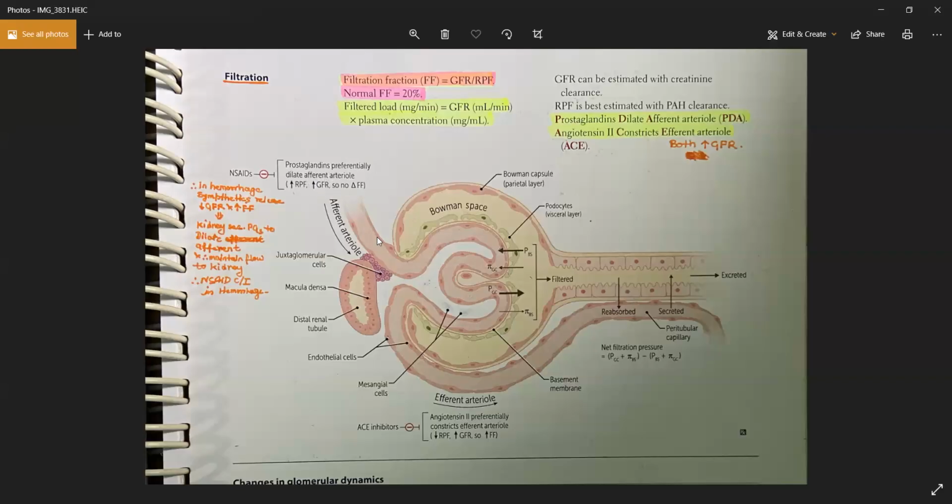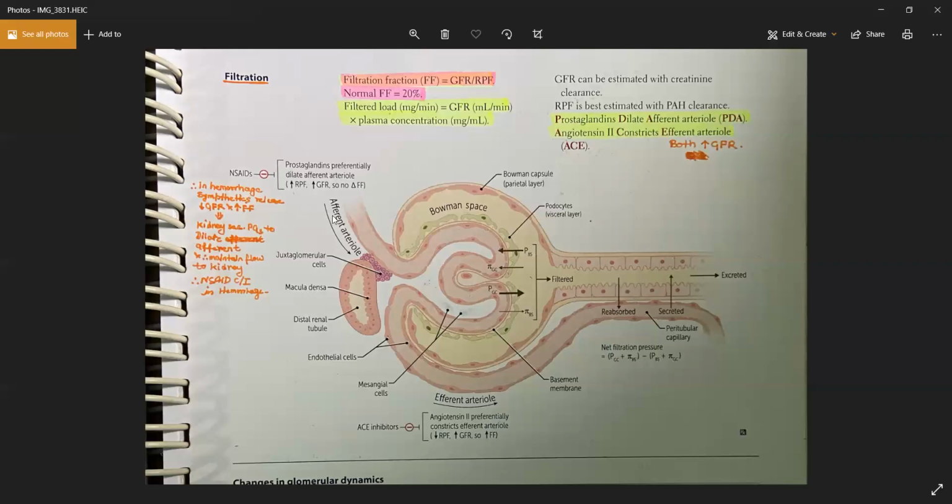Initially you have a GFR of around 20 milliliters per minute, but when you vasoconstrict the afferent arteriole, you will have a GFR around 10 milliliters per minute. So the GFR is increasing or decreasing by changing the tone of the smooth muscles in the afferent arteriole, but the filtration fraction will always remain the same whenever you vasodilate or vasoconstrict the afferent arterioles. Is that okay?